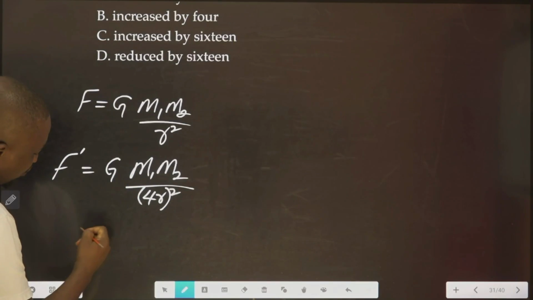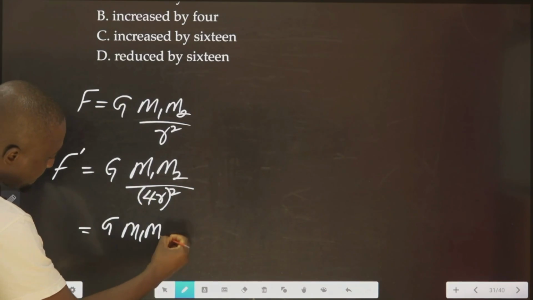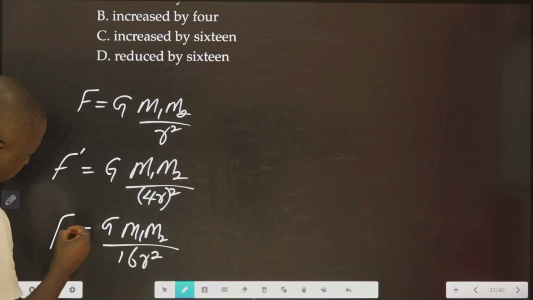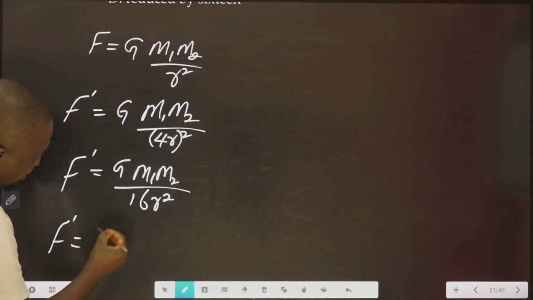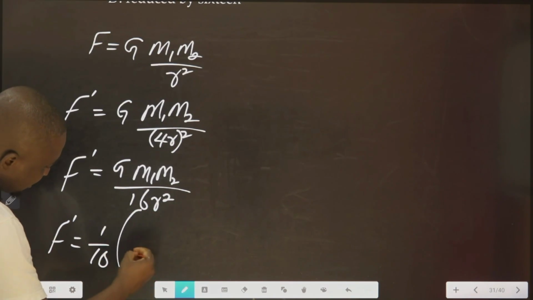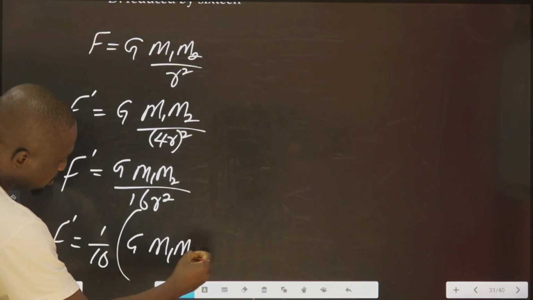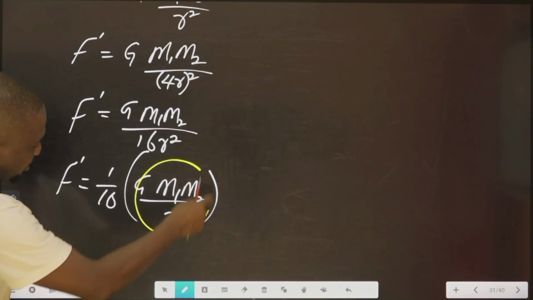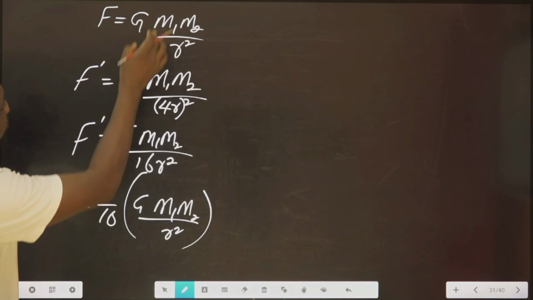If you solve this now, you agree with me, you're going to have G m1 m2 over 16 r raised to power 2. The new force we are looking for is, you have to say 1 over 16 to bring it out. So this is the old force, this one is the old one, that is the one we had before here.